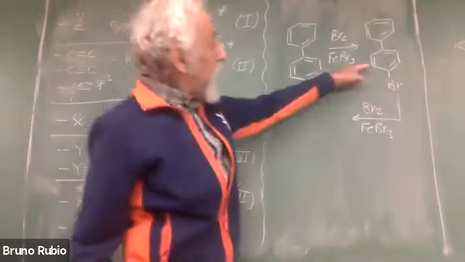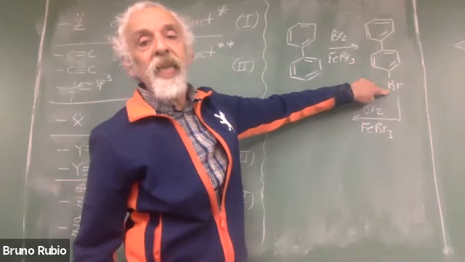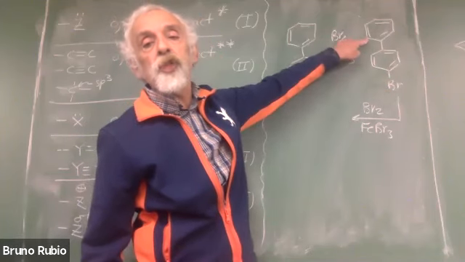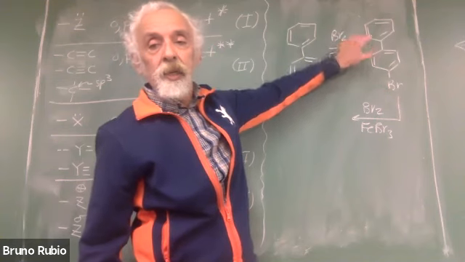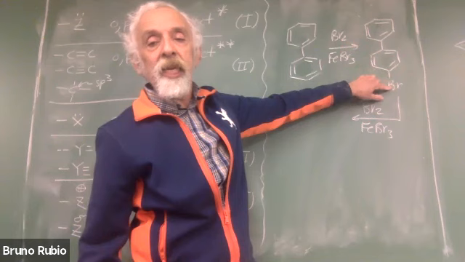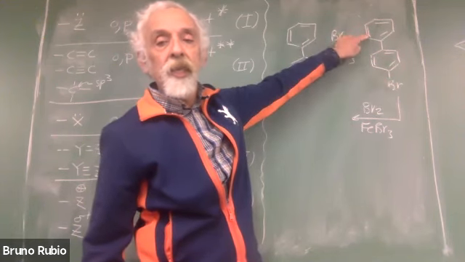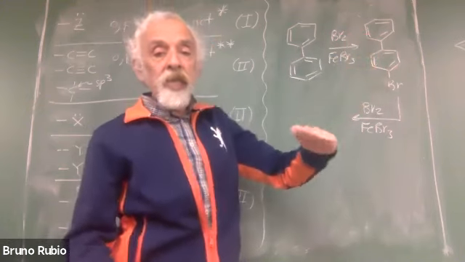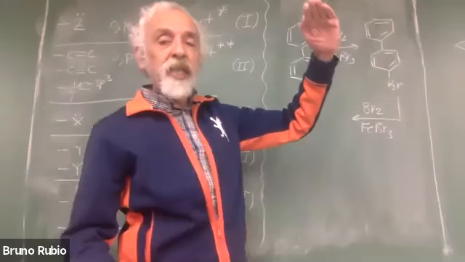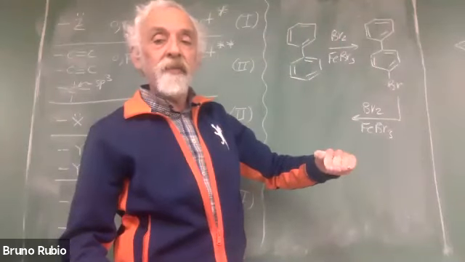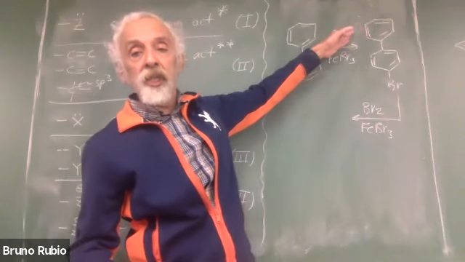Because this ring on the bottom has a weak deactivator and a weak activator. So the ring on the bottom, its reactivity is pushed up by the activator, but then pushed down by the deactivator. The ring on the top doesn't have any deactivators on it.